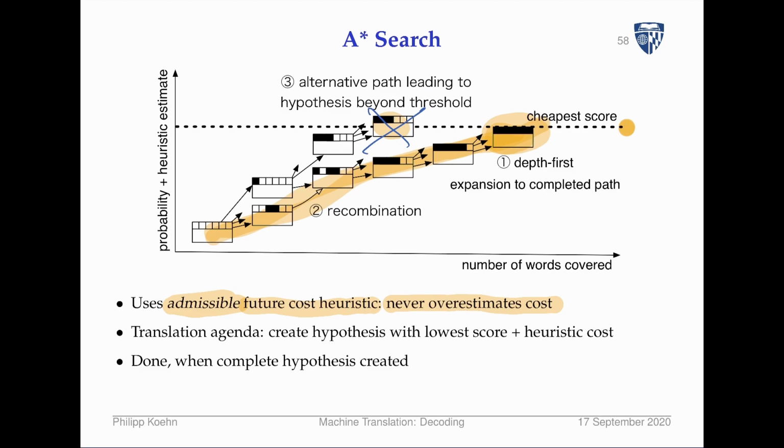In practice, we don't really do that because it just doesn't reduce the search space sufficiently. The search space is still gigantic, and you would explore too many hypotheses. So it's just not a strong enough restriction on search to limit a hypothesis to be expanded based on admissible future cost heuristics.